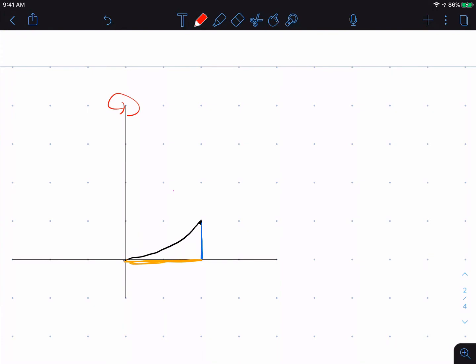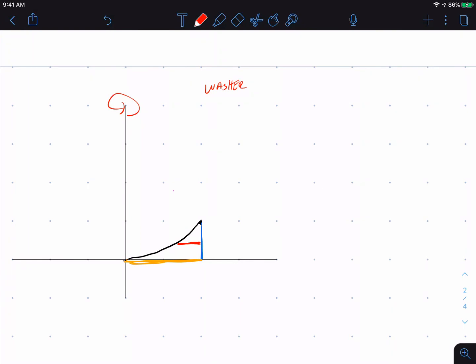Again, we're rotating about x equals 0, or the y-axis. Now we need to do a cross-sectional slice that is perpendicular, right? This is just doing the washer method to confirm that we're getting the right answer. Okay?